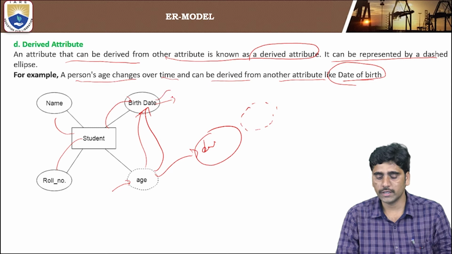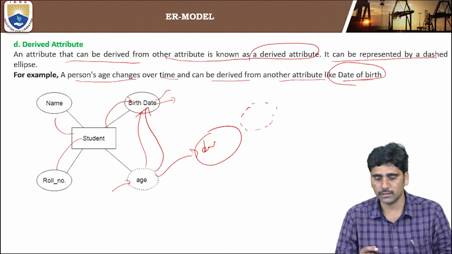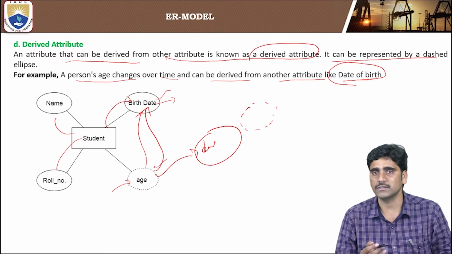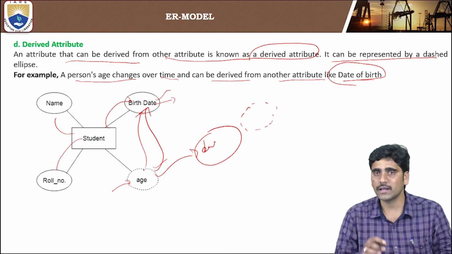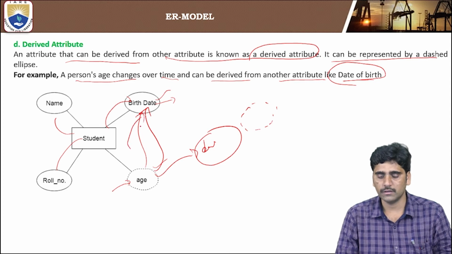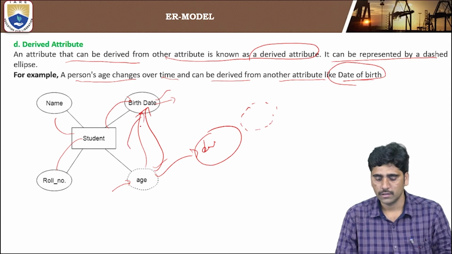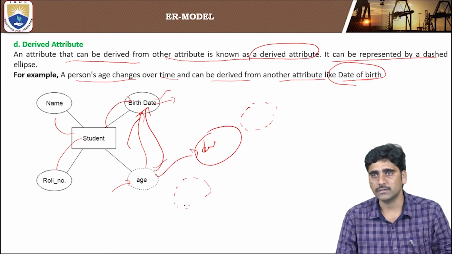Whenever the date of birth year is incrementing by one year, two years, the age automatically changes. So age is a derived attribute of the birth date, and it is represented as a dashed ellipse. So this is the derived attribute, right?